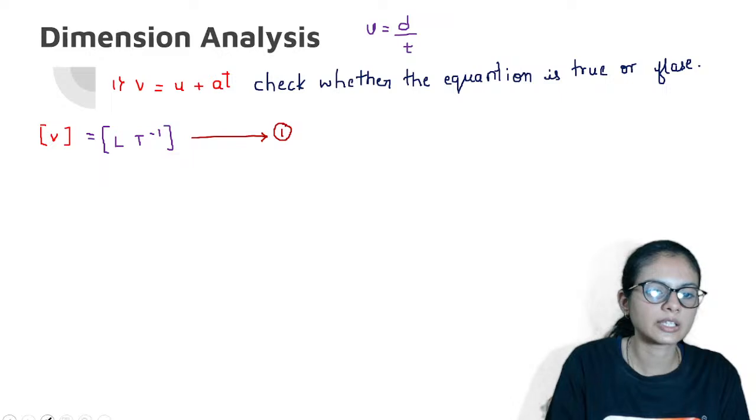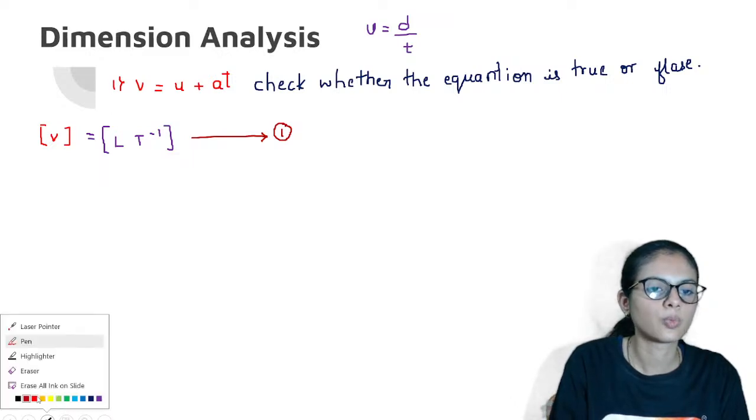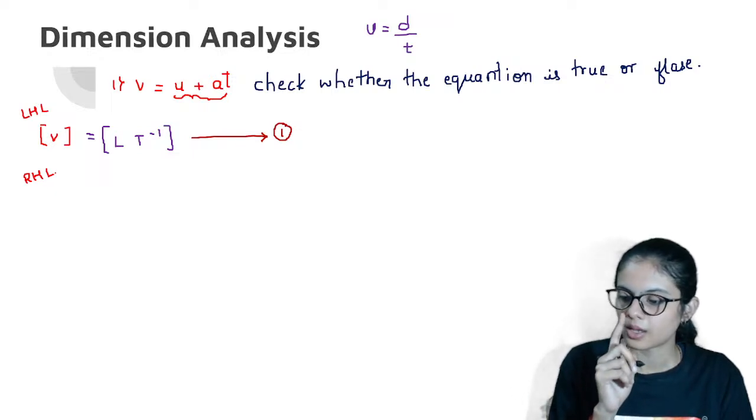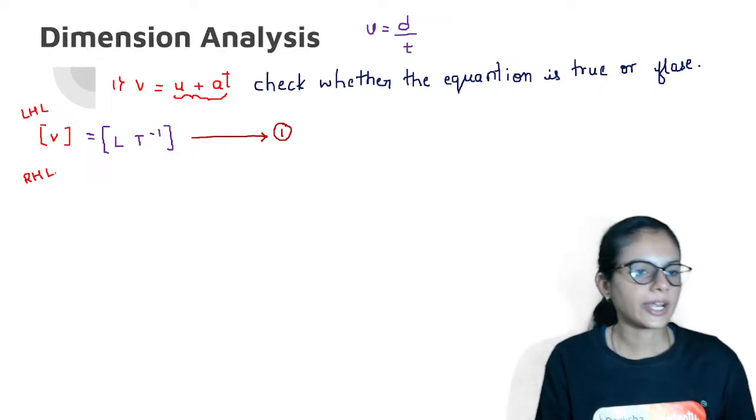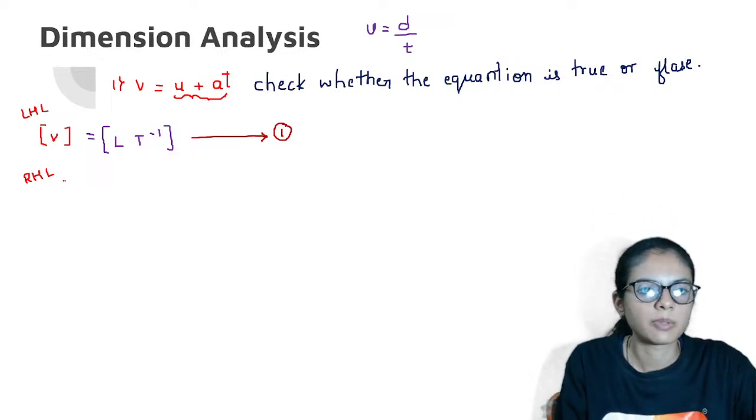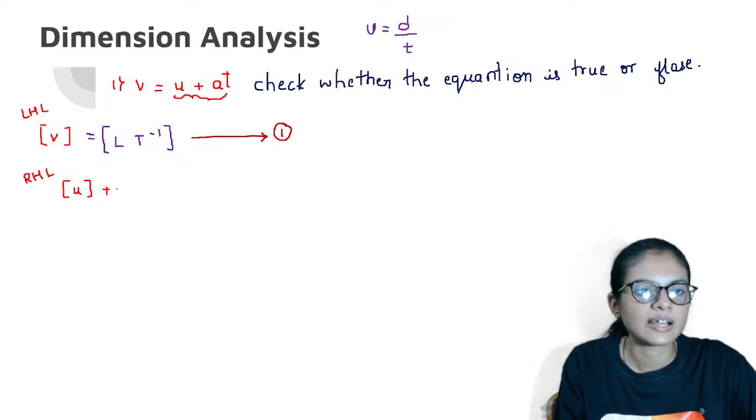This was the LHS. Now let us consider the RHS, the right hand side of the equation. Or you can do both directly, but as we are doing it for the first time, I'm keeping it separate. So it is the dimension of U plus the dimension of A into the dimension of T.